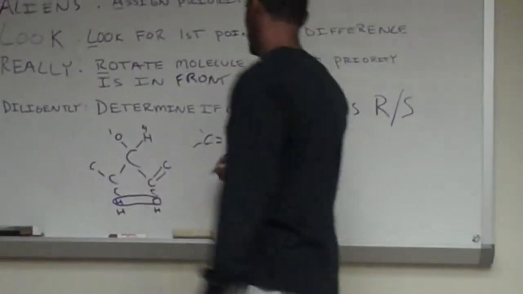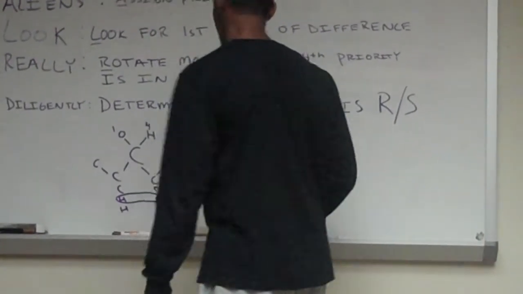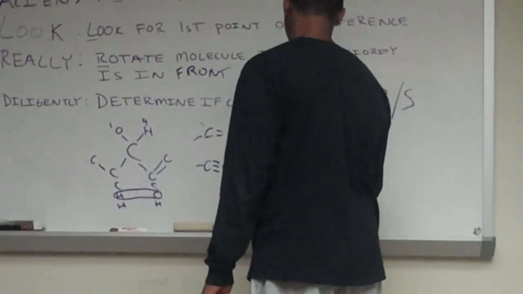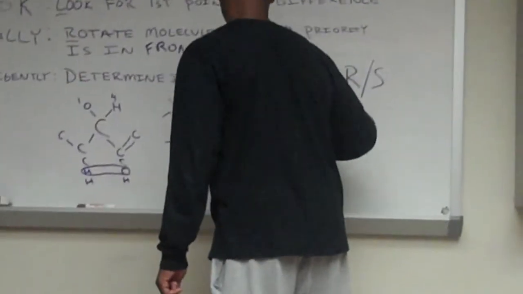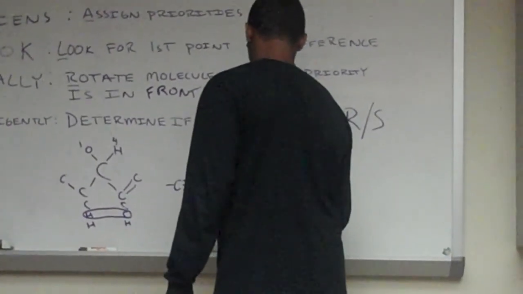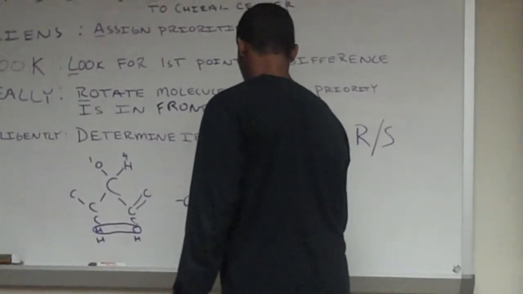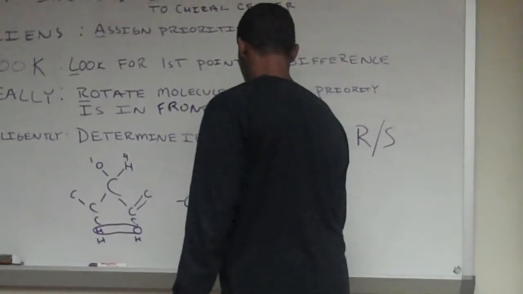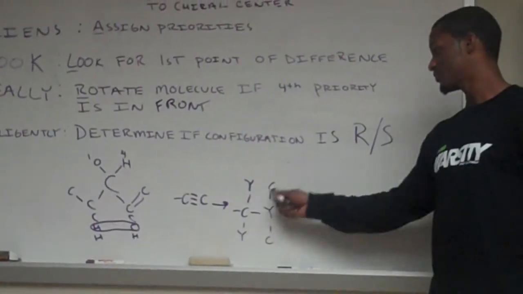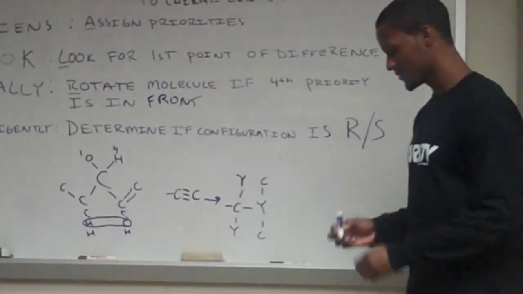If it was a triple bond, it would look something like this. As you can see, there's 1, 2, 3 carbons, which is why this will be counted as 3 carbons. Now let's move on.